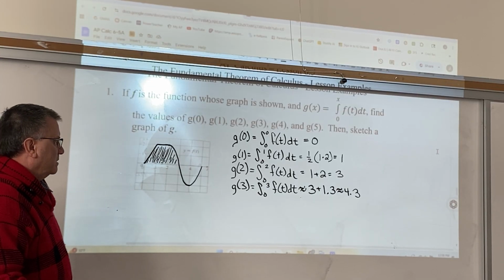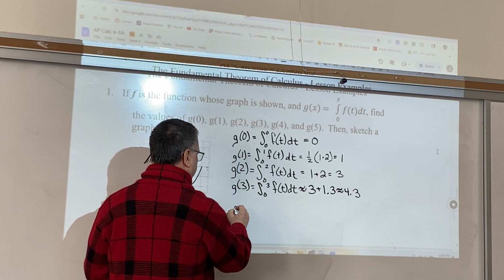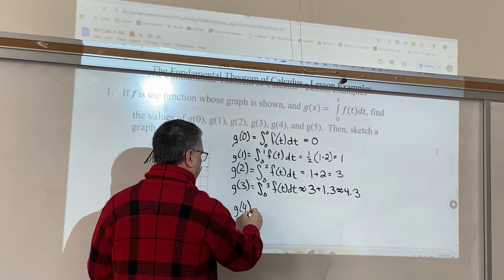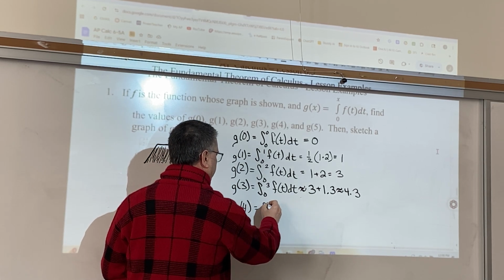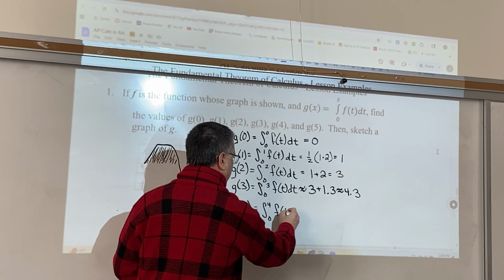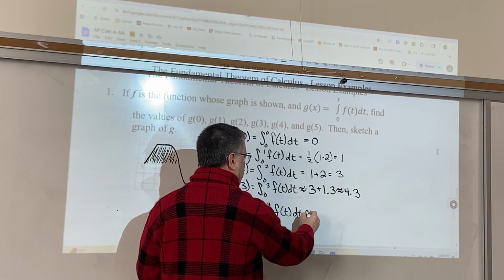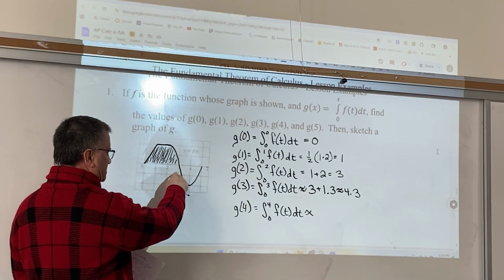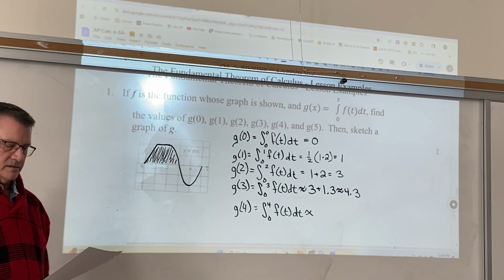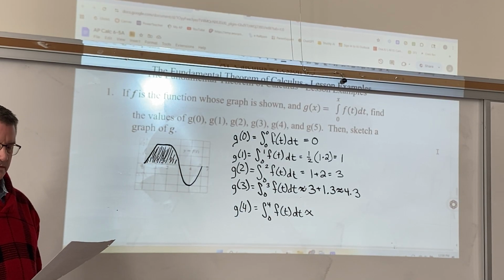And now we're going to go g of 4, which is the integral from 0 to 4 of this function that we graphed. And I'm going to say that's about, well, it's going to be this, and then something else. But remember, this is net area, right?